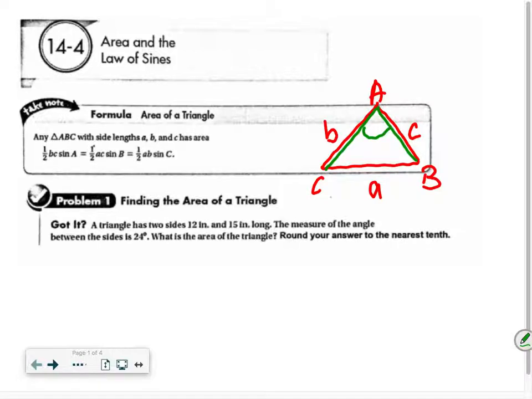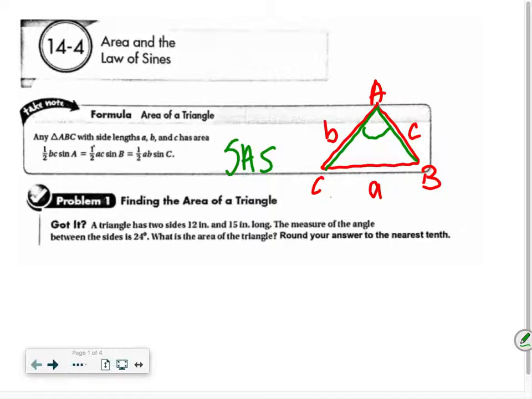I don't know if you remember geometry, but what we have is side, angle, side. I think that is a lot easier to remember than what side do I have, what angle do I have. The important part is that your angle is in between your two sides.